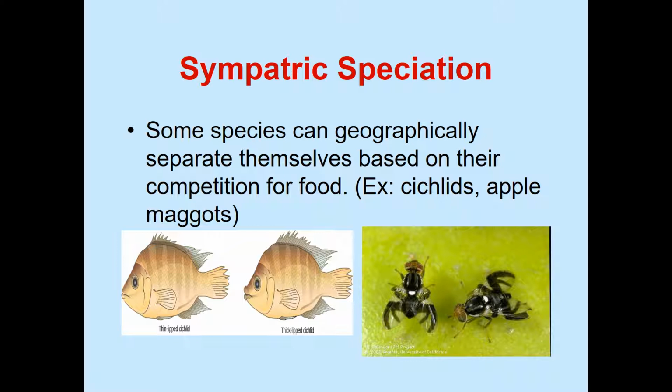One group dove down in the lake to get food and they speciated themselves. Now you've got two different species of cichlids. Basically they just geographically separated themselves because there wasn't enough food and they needed to go find food, so they moved away. And same thing with apple maggots. Basically they moved trees in order to find food.